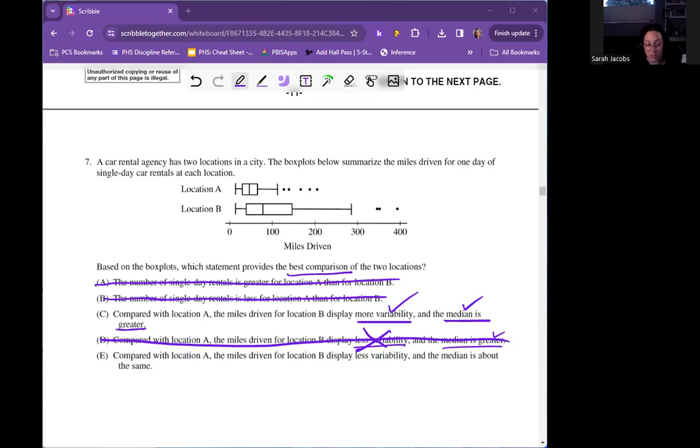If it's a little bit wrong, it's completely wrong. Lastly, compared with location A, the miles driven for location B display less variability. Okay, that's already wrong. And the median is about the same. Double wrong. Excellent. Very easy to eliminate this one. So our answer has to be C because it's the only one that doesn't contain a falsehood.